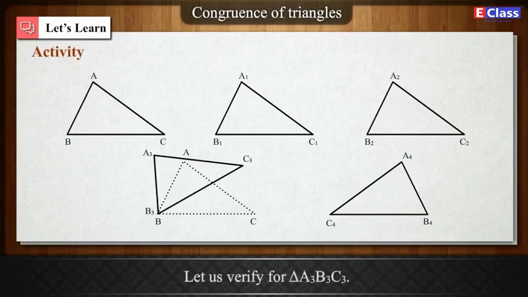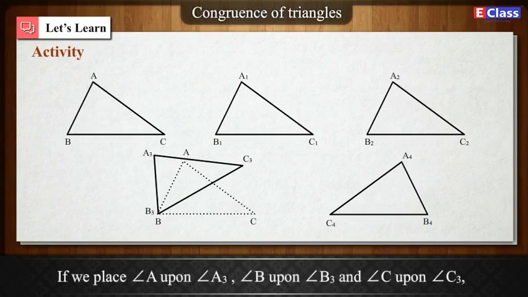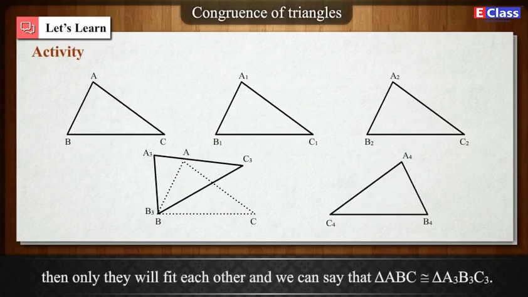Let us verify for triangle A3, B3, C3. If we place angle A upon angle A3, angle B upon angle B3, and angle C upon angle C3, then only they will fit each other and we can say that triangle ABC is congruent to triangle A3, B3, C3.